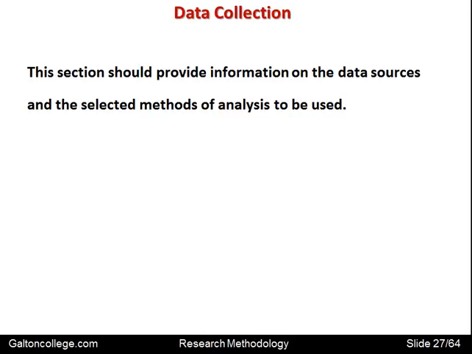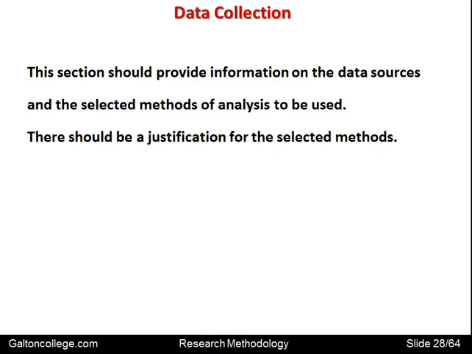So the sources of data and the methods are discussed in this section. And there should be some justification for the selected methods. Why use a particular method as opposed to some other method? Why is that being selected? So it's justifying the whole process.